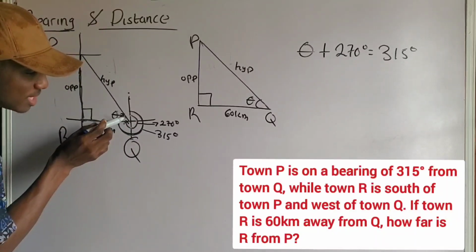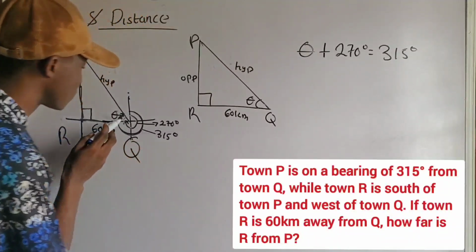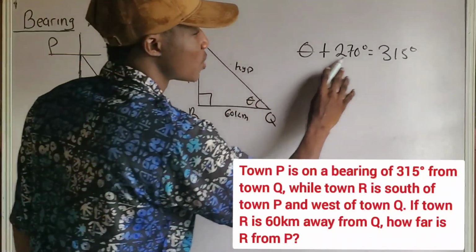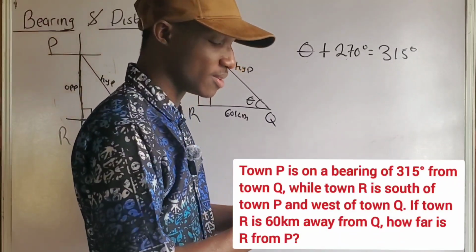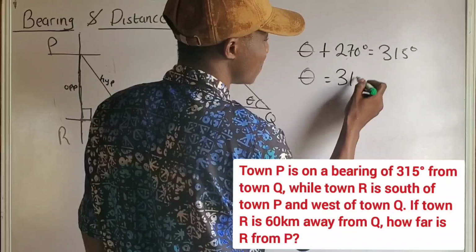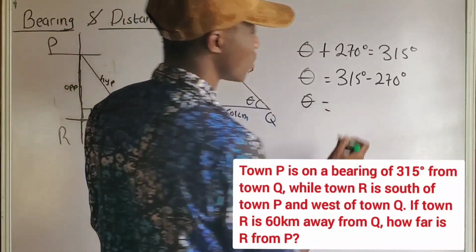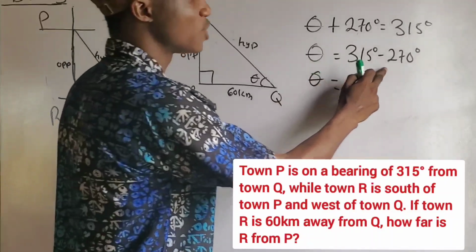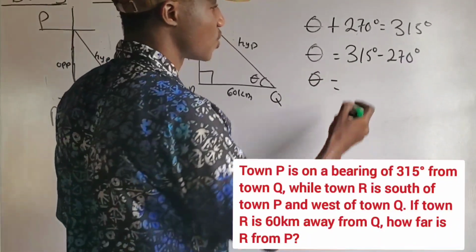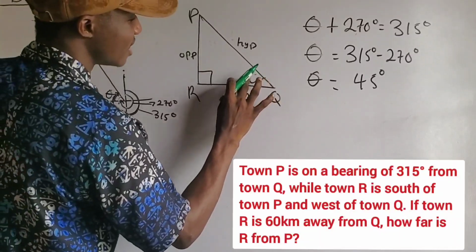So 270 plus the angle that is here will give me 315 degrees. Is that not it? So to get the value of theta, theta equals 315 degrees minus 270 degrees. That is 45 degrees. So the angle here, theta, is 45 degrees.